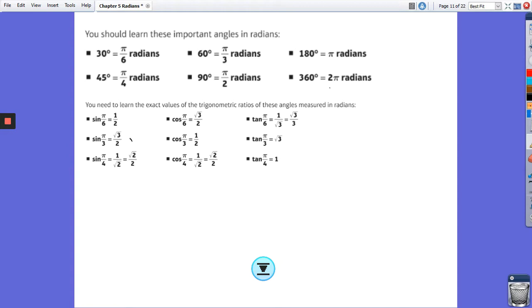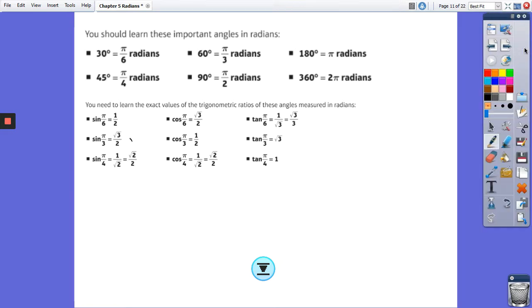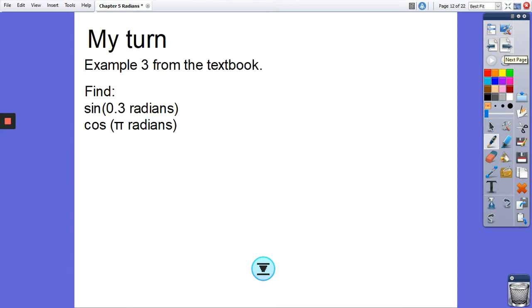Right, okay. So a couple of, I hope, very straightforward questions coming up here. What I want you to do is simply, in your calculator, type in sine of 0.3, making sure you have changed the mode of your calculator to radians. So make sure you've changed your calculator into radians.